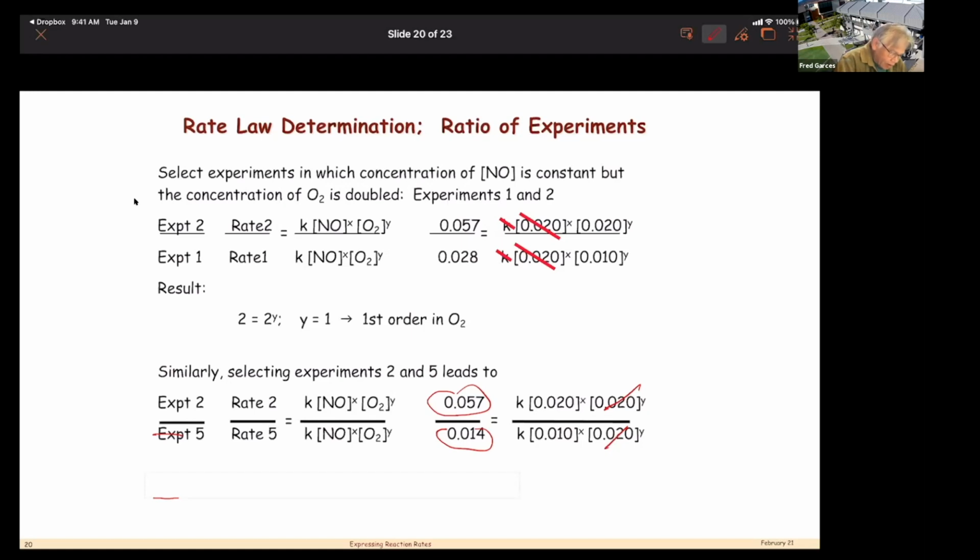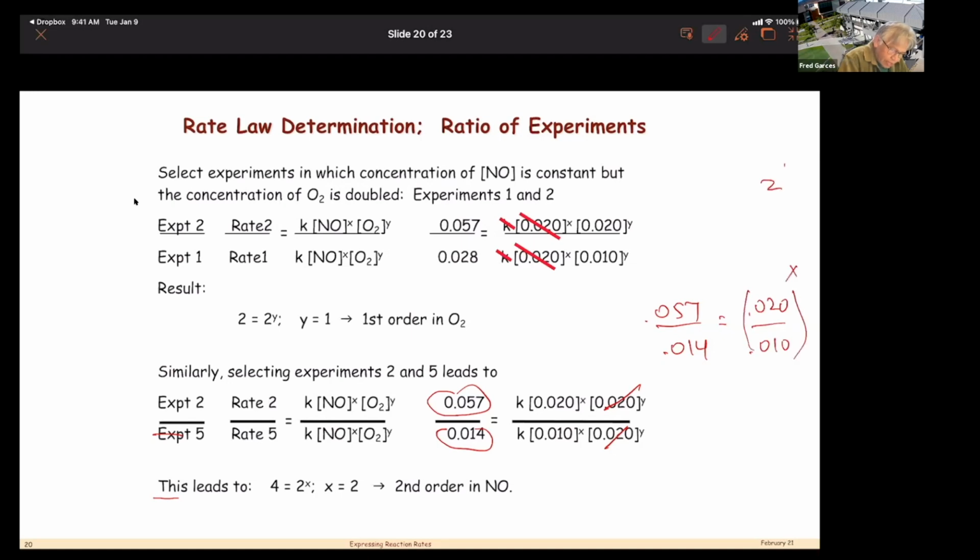What we have here is 0.057 over 0.014 is equal to 0.020 over 0.010 all to the x. So that's 2 to the x is equal to 0.057 divided by 0.014. I believe that might be 3.